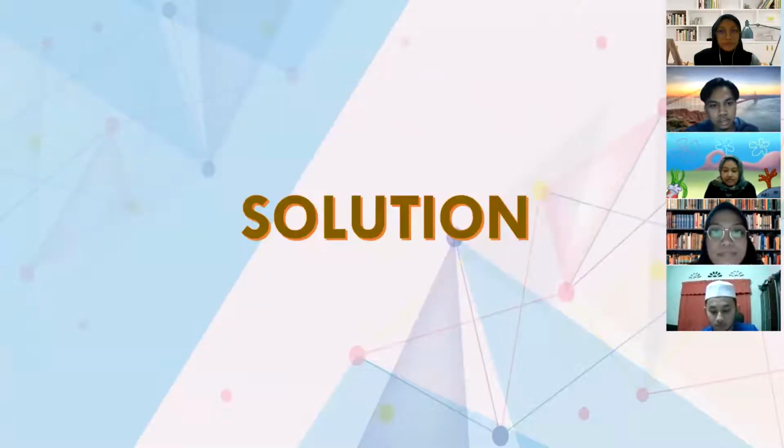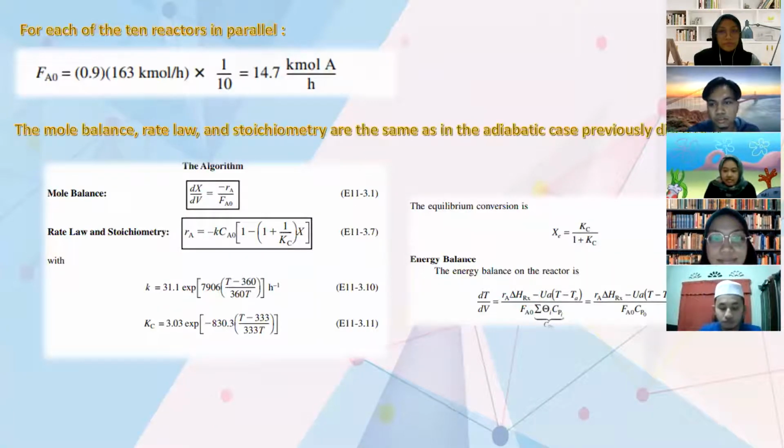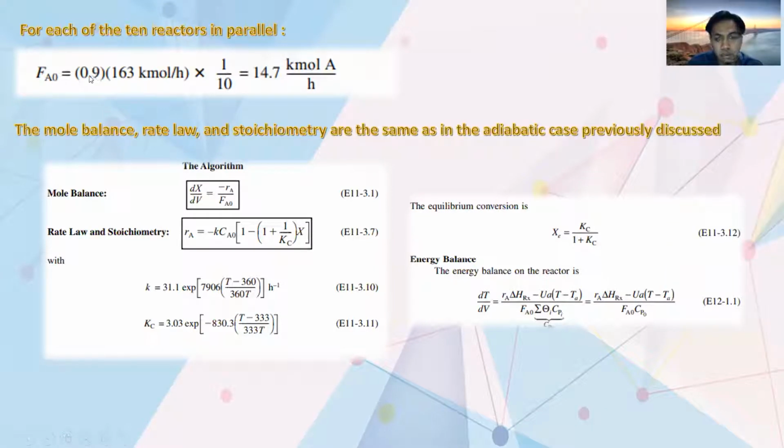Okay, next I will explain the solution for this example. Firstly, we have to find the total flow rate, where 0.9 is 90% of the component and 163 is the inlet flow rate. We divide by 10 because we have 10 reactors in parallel. So we get 14.7 kilomole per hour for this substance.